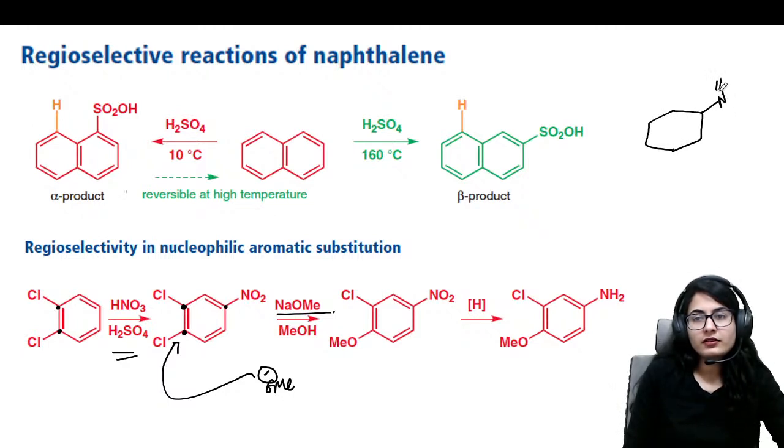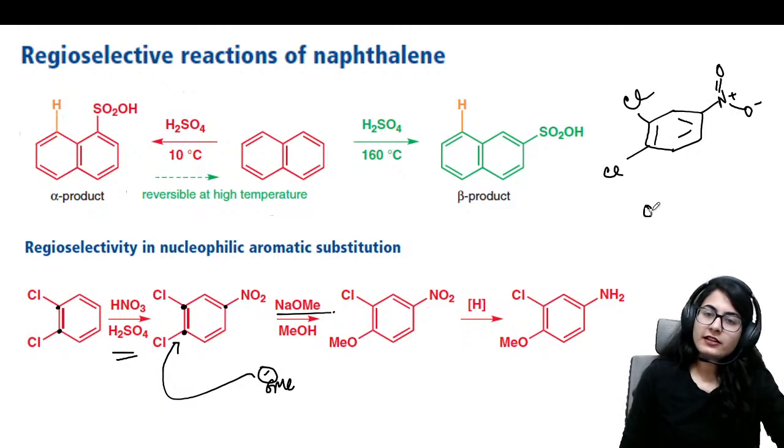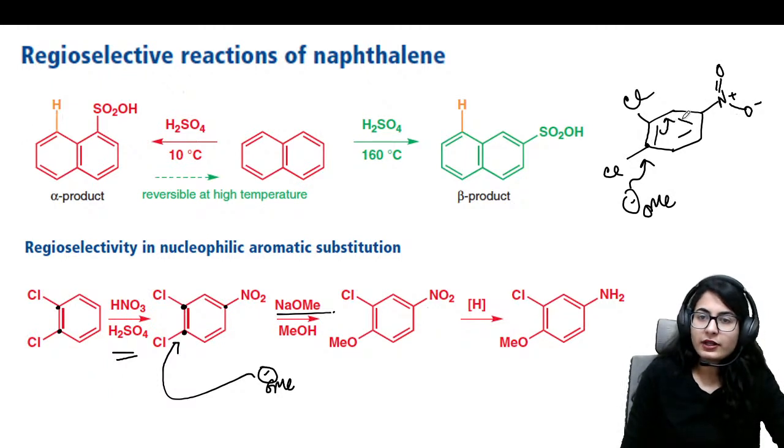this is your nitro group, a meta chlorine and a para chlorine. So let's say your methoxide has attacked over this position, the para one, right? So that is going to cause resonance right inside the nitro.